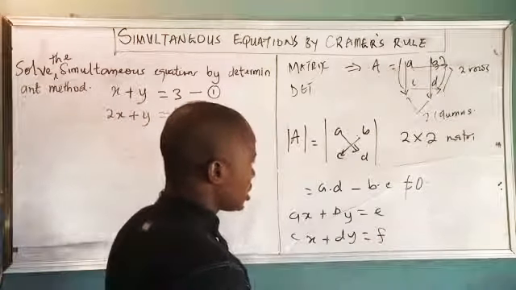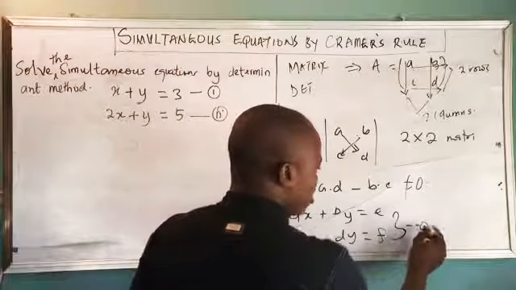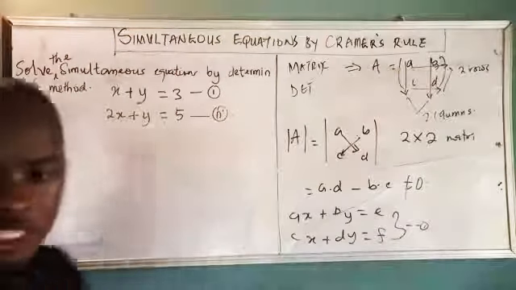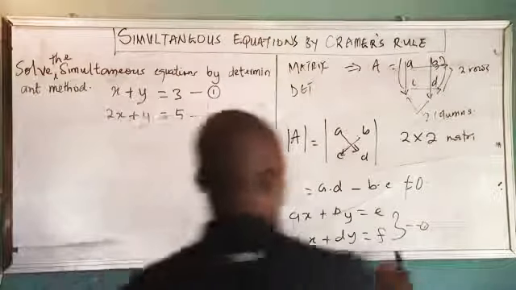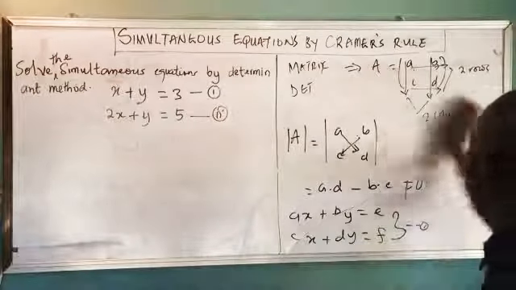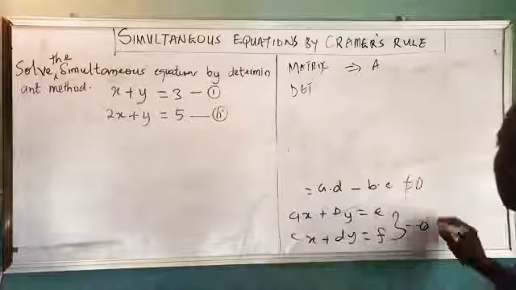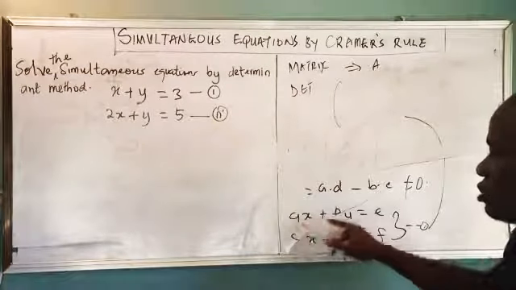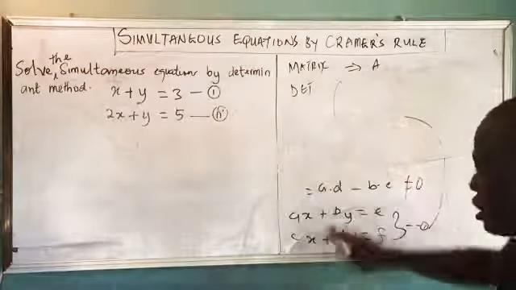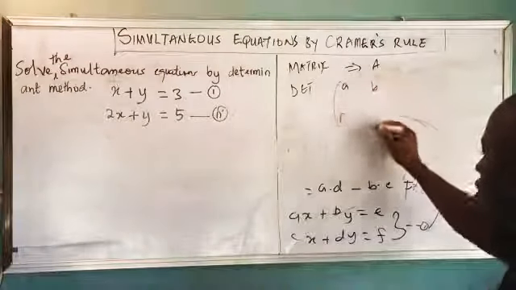You can see that this equation can be written in matrix form. You bring out the coefficients of the variables, that is, we have a, b, c, d.